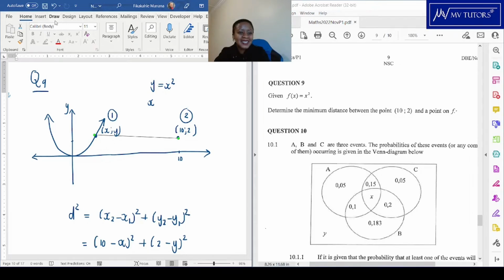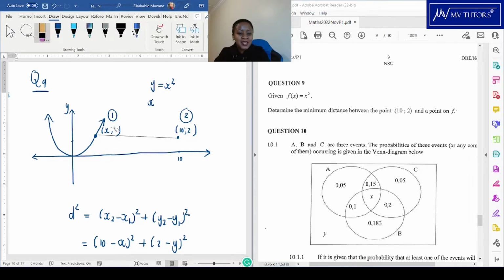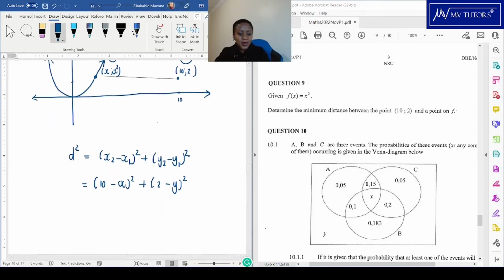So basically I hope I'm making sense, but basically I can rewrite this as x, and in the place of y, I have x squared. Okay. So then I'm going to rewrite it again and say 10 minus x plus 2 minus x squared, and that is squared.